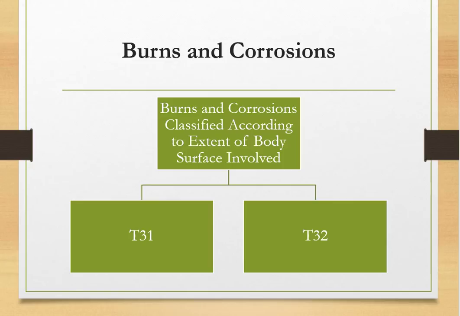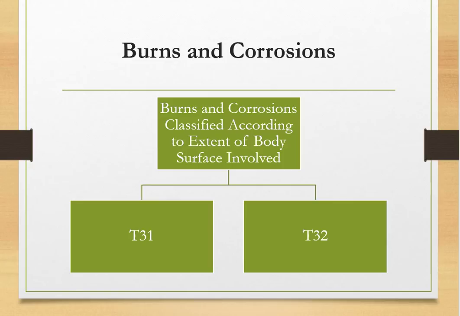It is advisable to use T31, burns classified according to the extent of the body surface, as additional coding when needed to provide data for evaluating burn mortality, such as when you're coding for a burn unit.